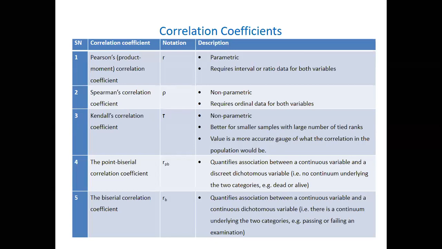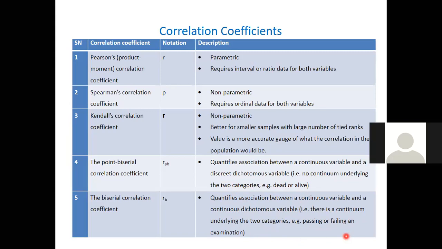This one says a discrete dichotomous variable, no continuum underlying the two categories, e.g., dead or alive. This one I talk about a continuous dichotomous variable. There's a continuum underlying the two, passing or failing an exam. So I want us to differentiate between the two.